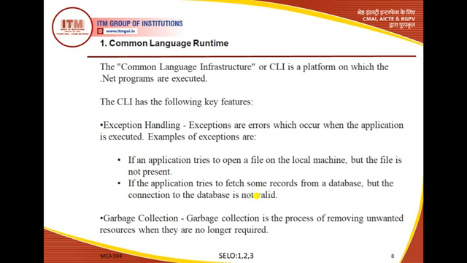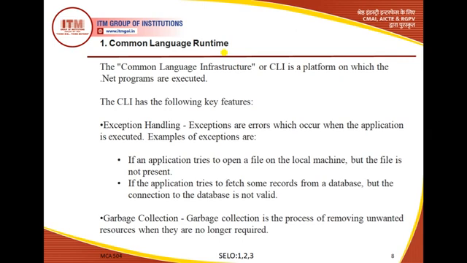The connection between the application and the database does not exist, so the connection is not valid, and this kind of exception error will be notified on the screen. So exception handling is a major responsibility of the common language runtime, the execution engine of the .NET framework.